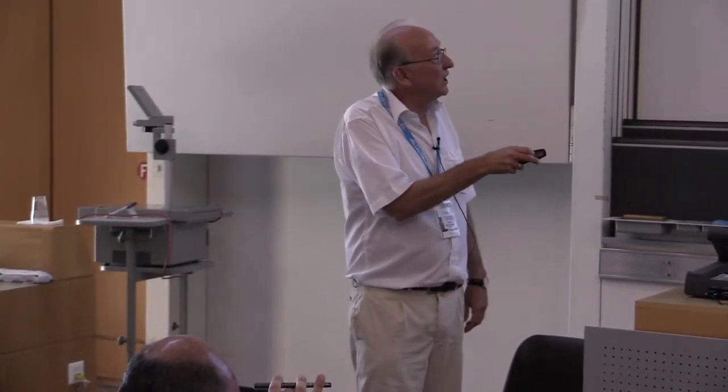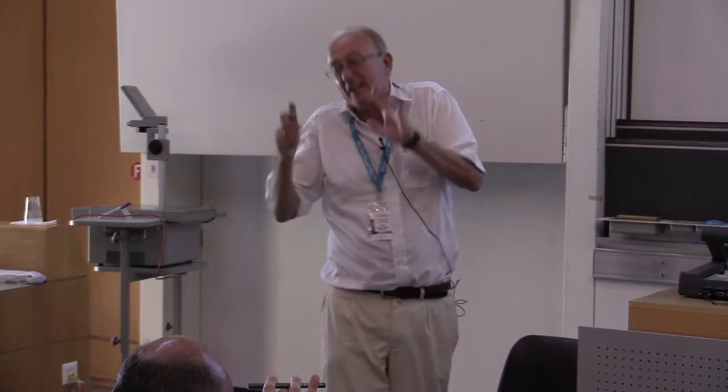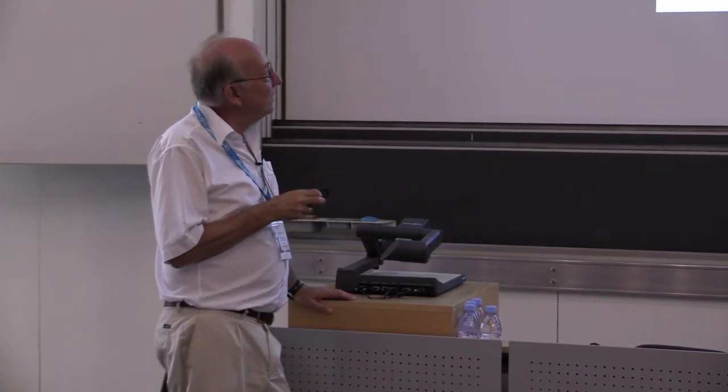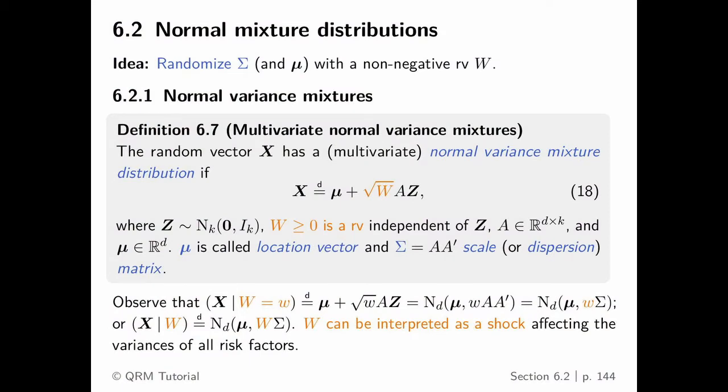If this has a density, then I write a density here, or to be pedantic, this is Stieltjes, but never mind. So this is just a definition of conditional density. Now, I know by definition, if I condition my W to be little w, then it's Gaussian, because this was immediate from the definition. If I take my vector and condition it to be 15, I look at it, what happens? It's again multivariate Gaussian. I can write it down.